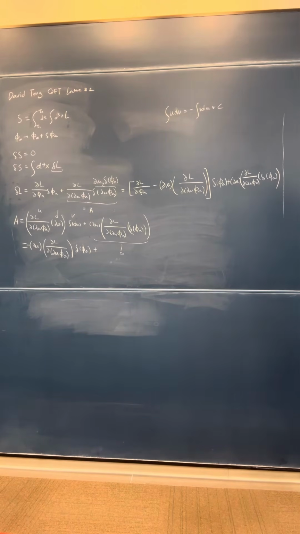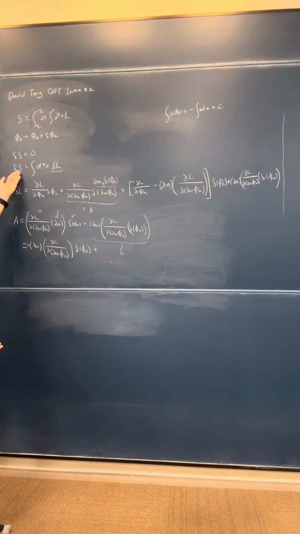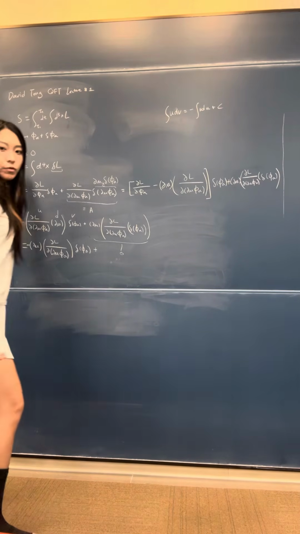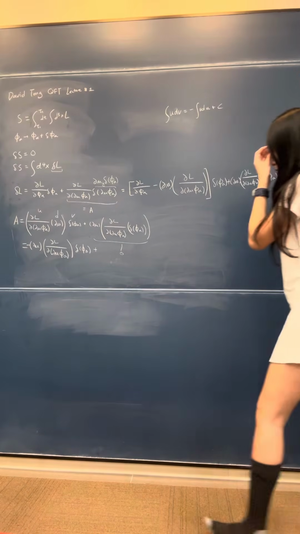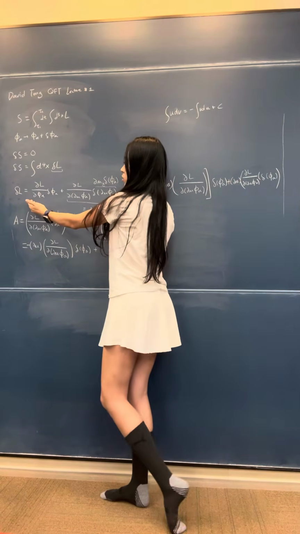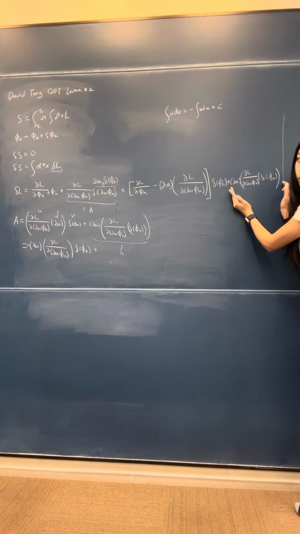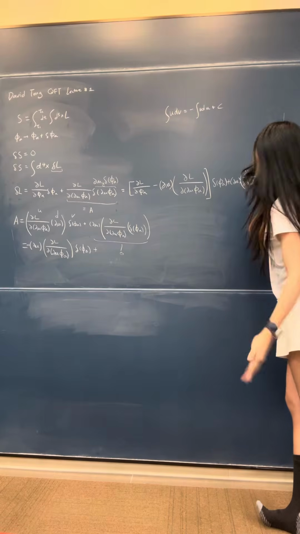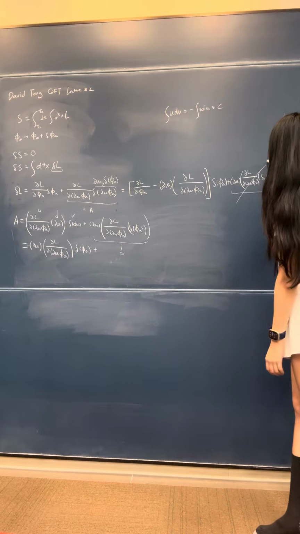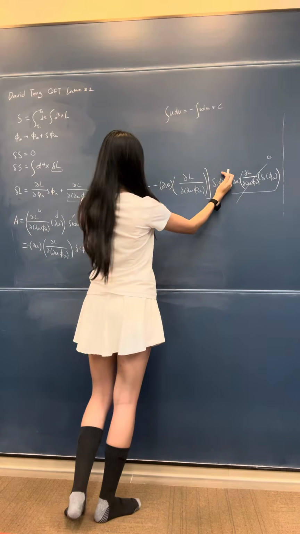Okay, so we want this to be 0, so remember we're using the principle of least action, then we want this whole thing to be 0, and we don't have to worry about this part because this is a total derivative and they vanish, so this whole thing is 0, and that means we only have to worry about this chunk.